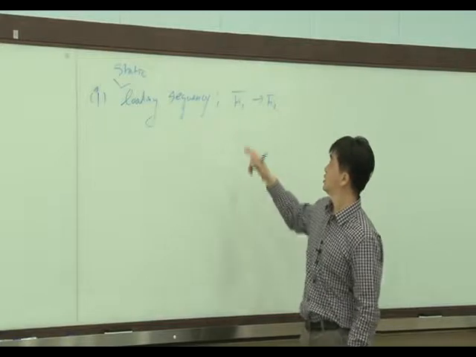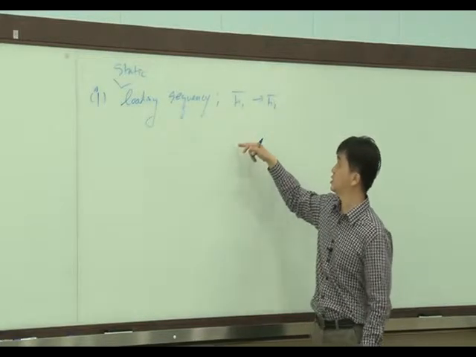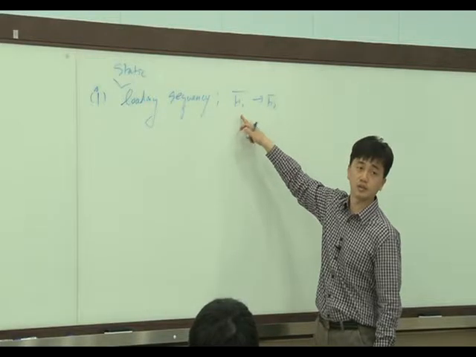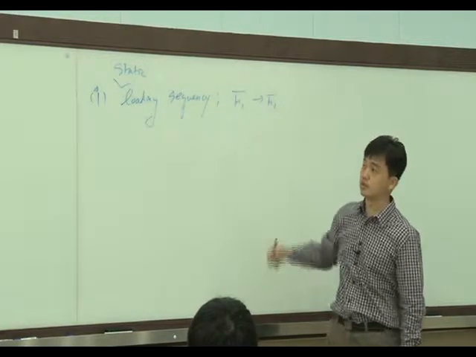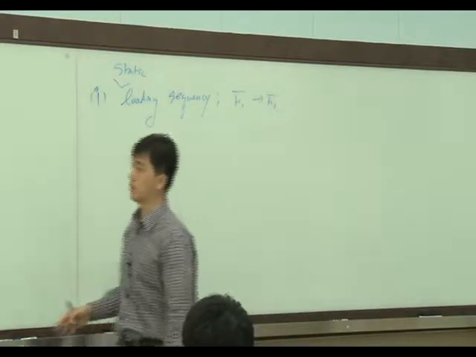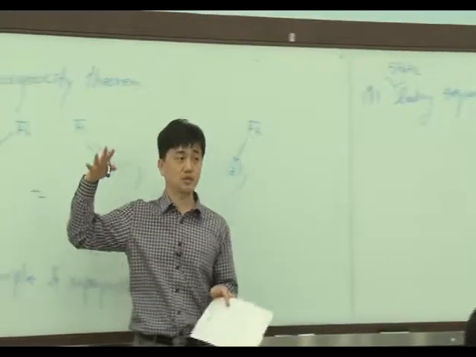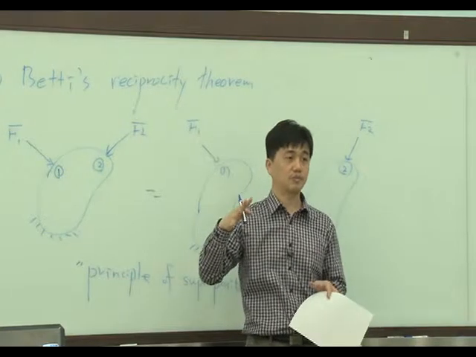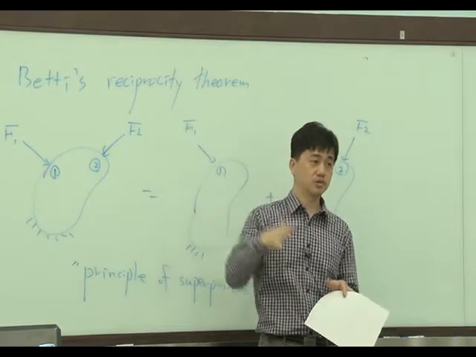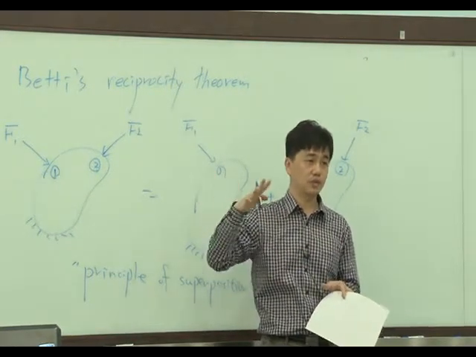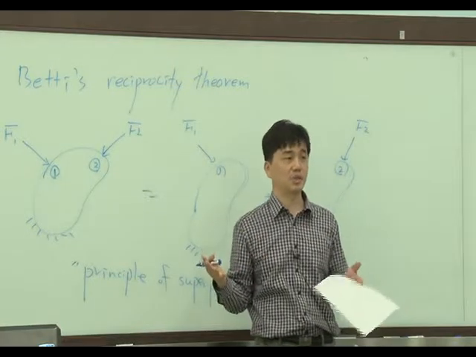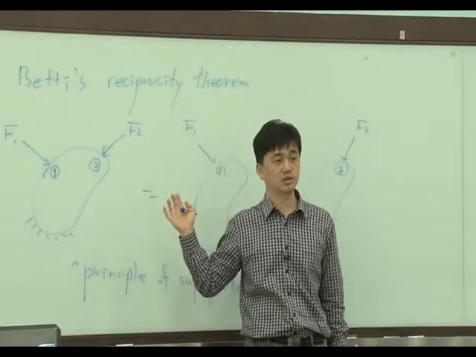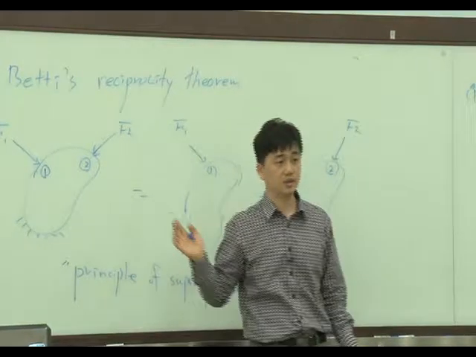Even if I sequentially apply F1, F2, the result is exactly the same as when we apply both loads together statically, very slowly, right? I can load F1, F2 together from 0 to F1, F2, right? Very slowly. But the final deformation will be exactly the same. And all the energy stored in the structure should be the same, right?